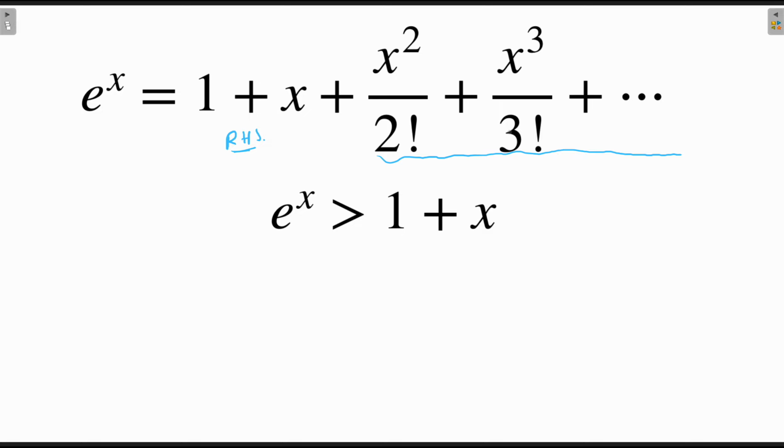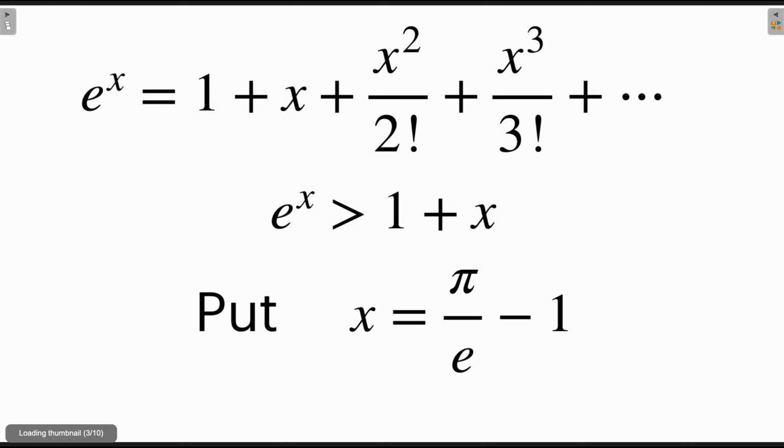Therefore we get this inequality. This is very useful, and using this we can compare these two numbers.